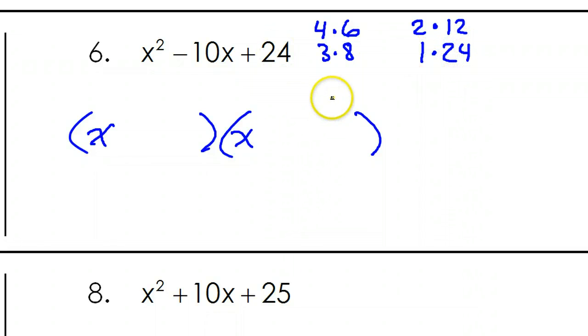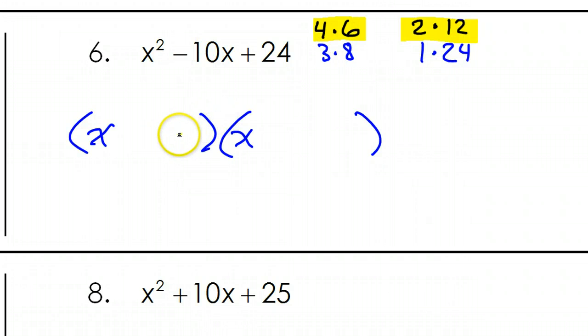So again, we have 4 possibilities. Again, because the leading coefficient is 1, we can look immediately for the 10. So I see 2 possibilities. 4 and 6, if I add them, I get 10. Or 2 and 12. If I do 12 minus 2, I get 10. So it's going to be one of these.